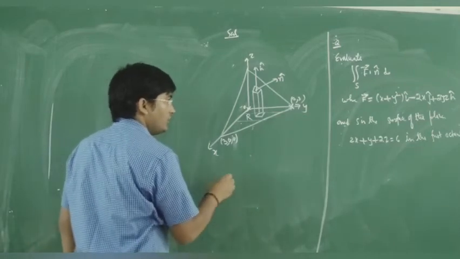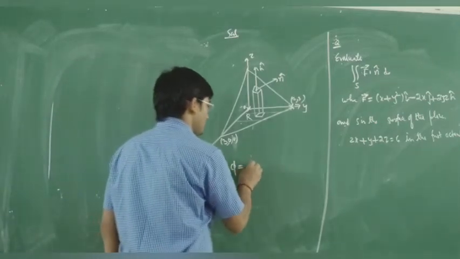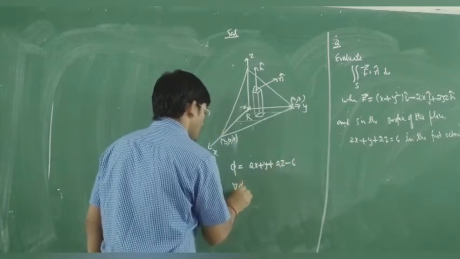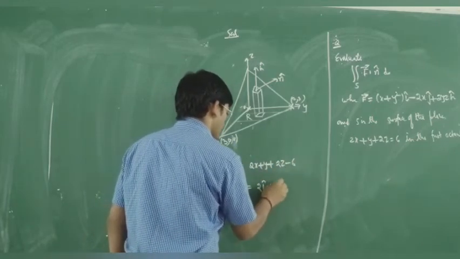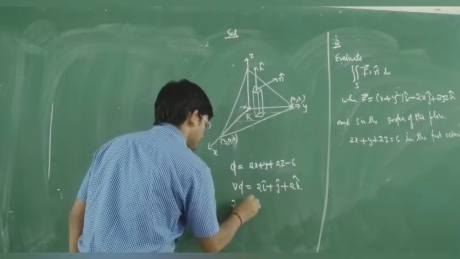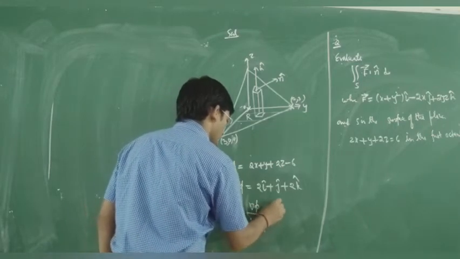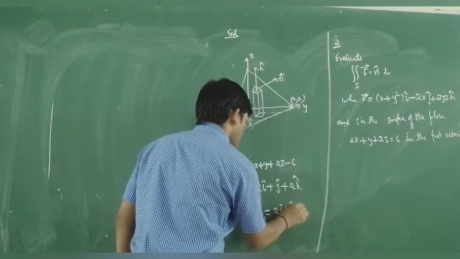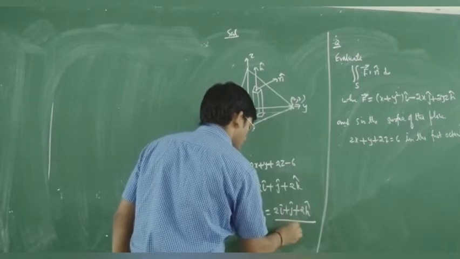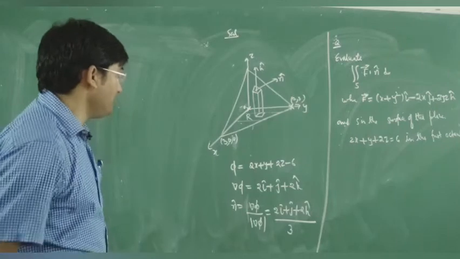So therefore, first of all let us find out the value of n cap. Your phi is this one. So your grad phi will be 2i plus j plus 2k. Your n cap will be grad phi upon mod of grad phi. So this is 2i plus j plus 2k divided by, this will be 4 plus 1 plus 4, 9, so we have 3. So we have the value of n cap.